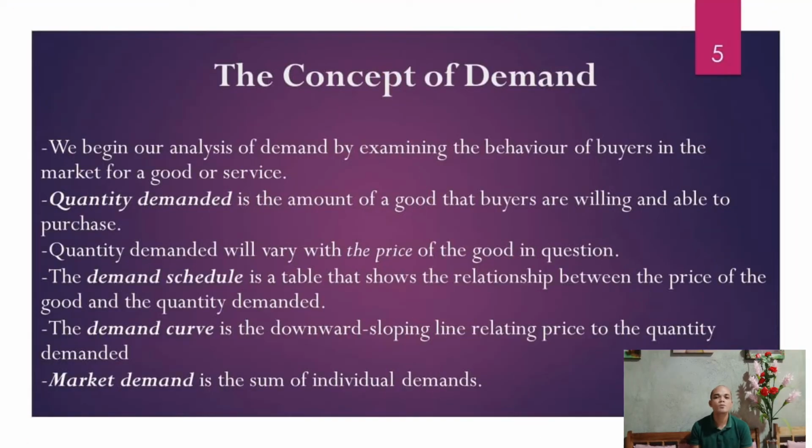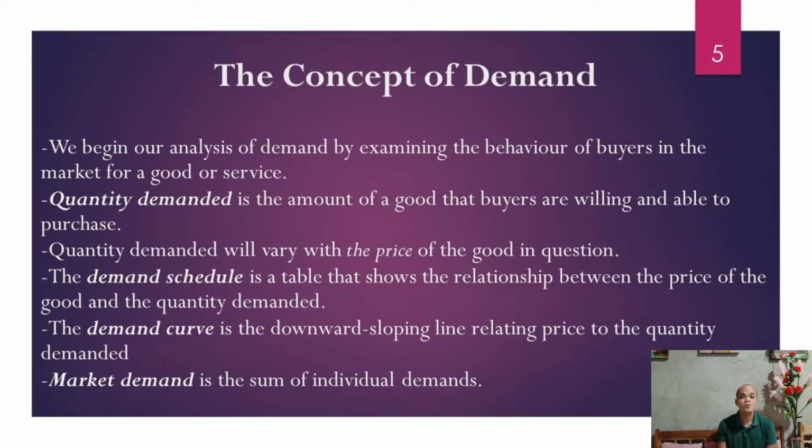So let's go on to the concept of demand. We begin our analysis of demand by examining the behavior of buyers in the market for goods and services. Quantity demanded refers to the amount of a good that buyers are willing and able to purchase. Quantity demanded varies with the price of the good in question.